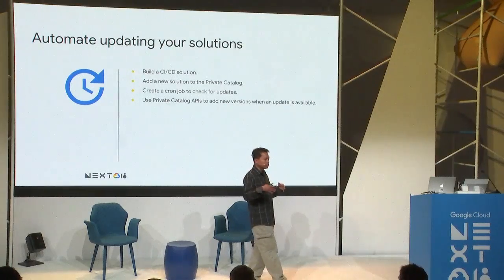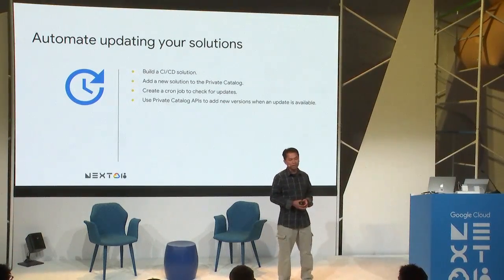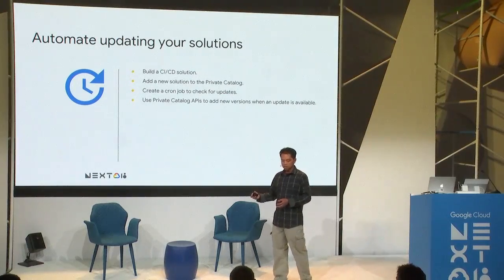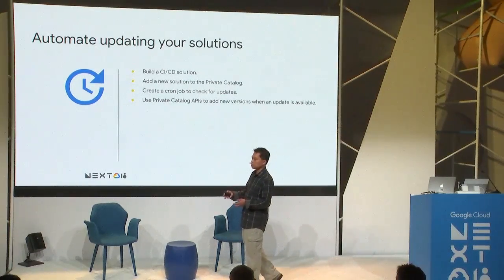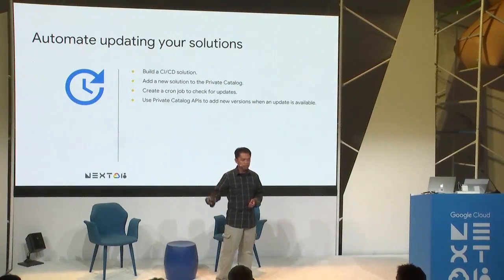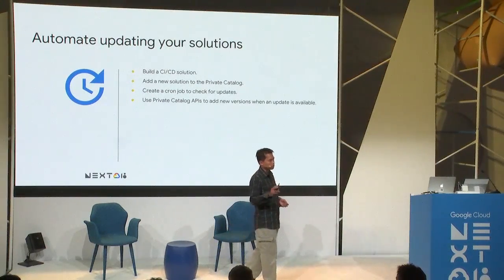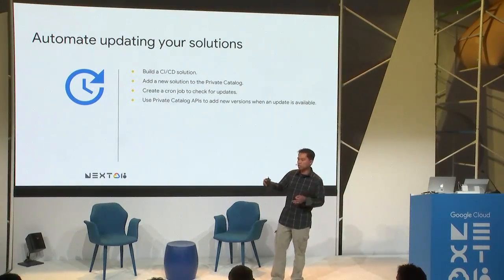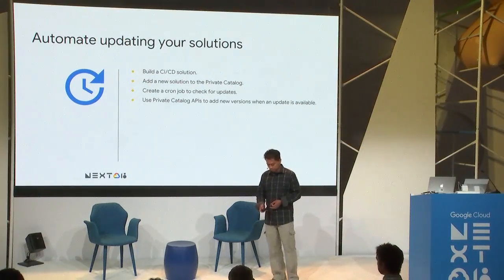You can integrate with that process that you currently have and call the private catalog APIs, which will then allow you to update that solution inside your private catalog for your end users. That way you've got that full lifecycle, everything works, it's this full solution, and your users, again, don't have to care about that. They're always going to be deploying the latest and greatest.